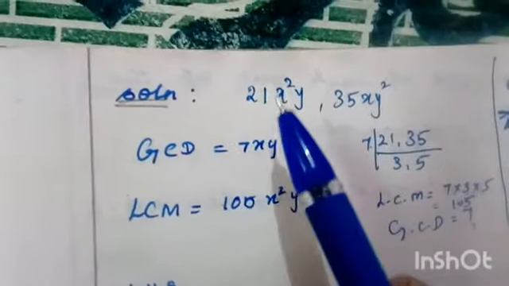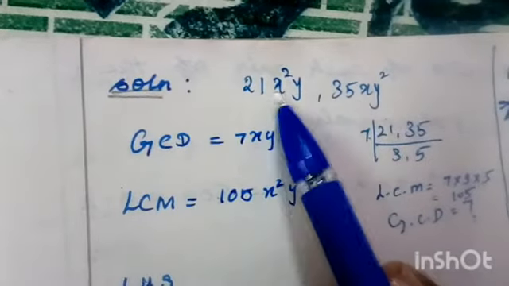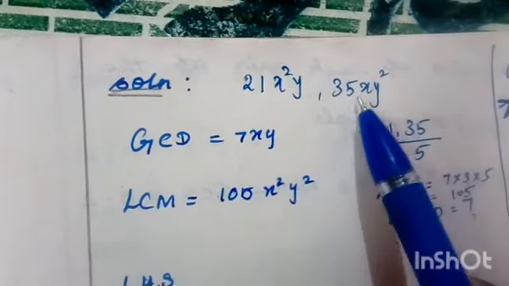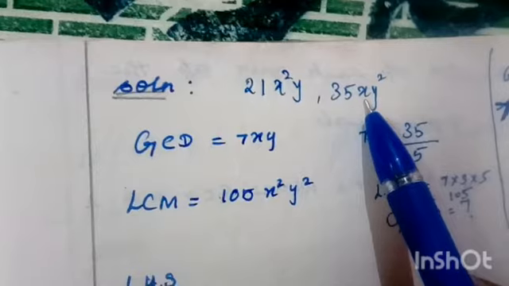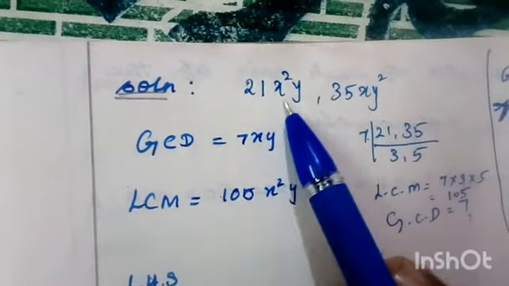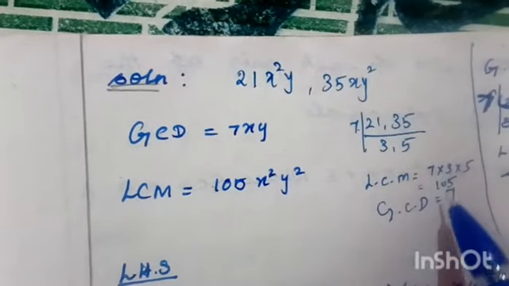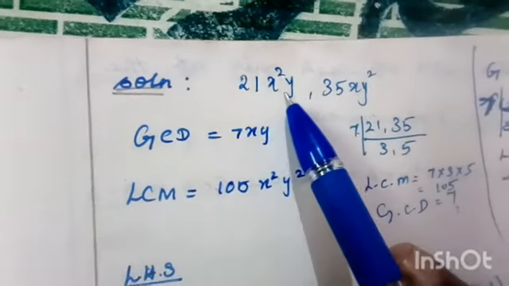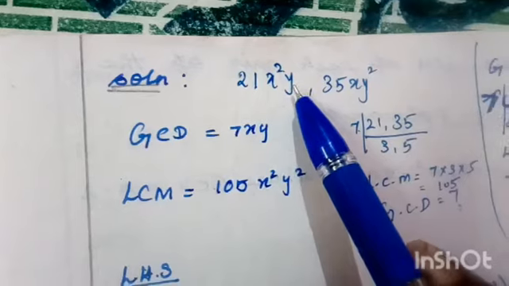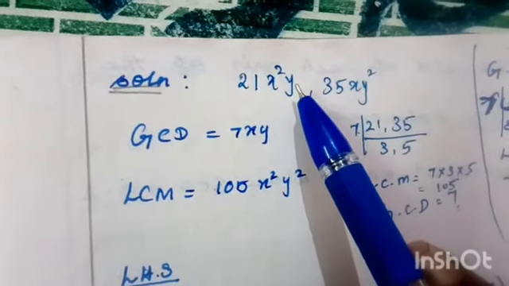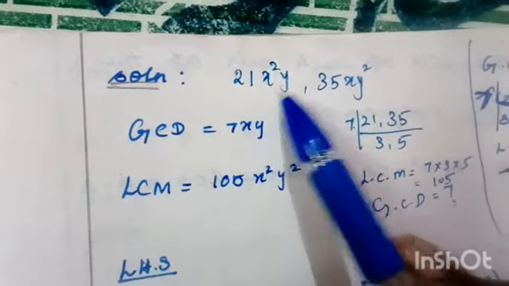Now for the GCD, we have to write the GCD of the coefficients along with their variables. For 21x square y and 35xy square, the GCD coefficient is 7. GCD means the least power of the expression, the smallest power. So x square and x, smallest power is x; y and y square, smallest power is y.